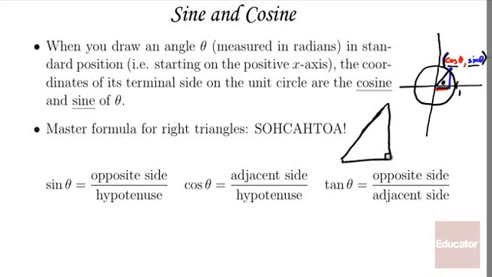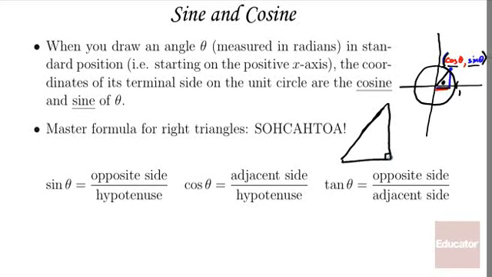And those coordinates are, by definition, the cosine of theta in red, and the sine of theta in blue. So that's the definition of an angle in terms of coordinates on the unit circle.